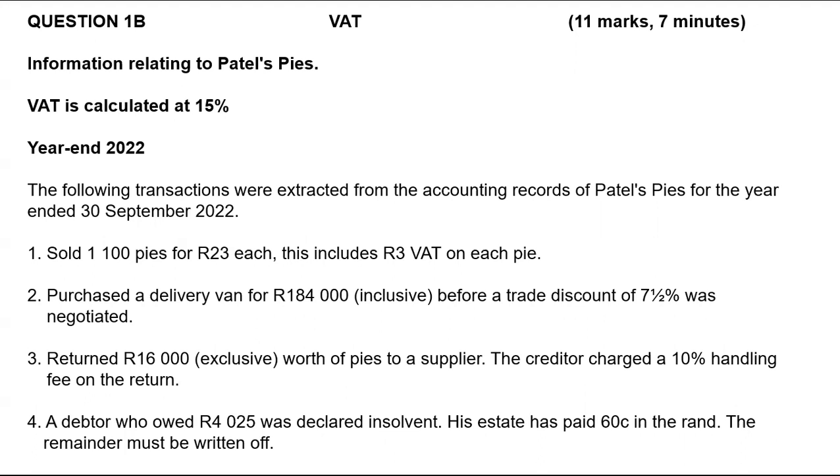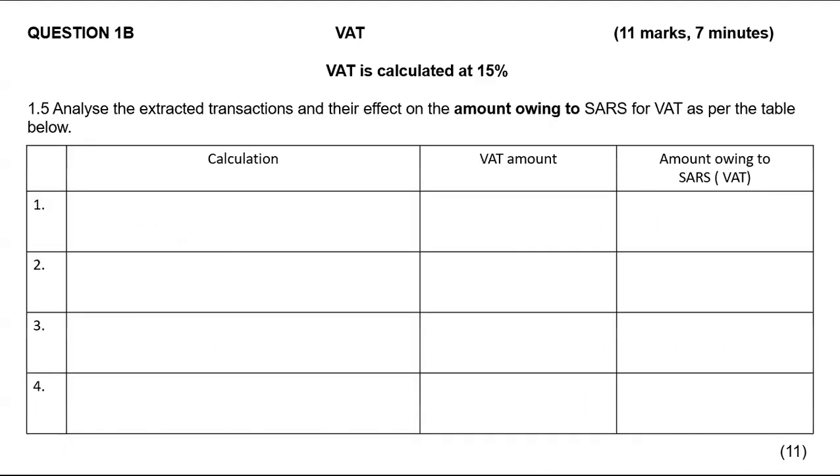All right. Now, before I jump the gun, let me just look at the answer book as to what is exactly given to us and what is required. We are given this table. We need to analyze the extracted transactions and the effect on the amount owing to SARS for VAT as per the table below.